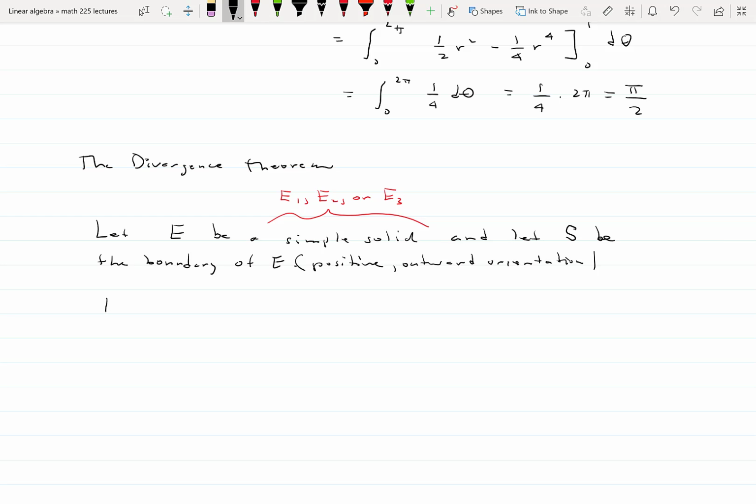Let F, we need a field, be a vector field.